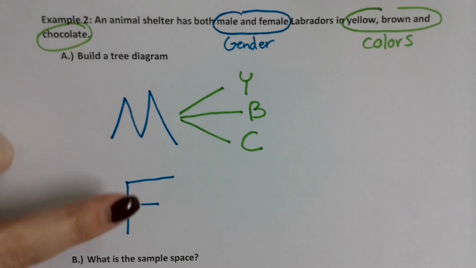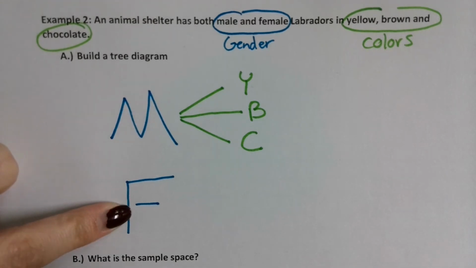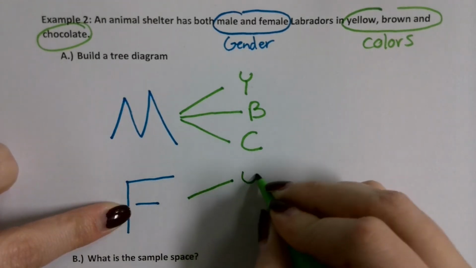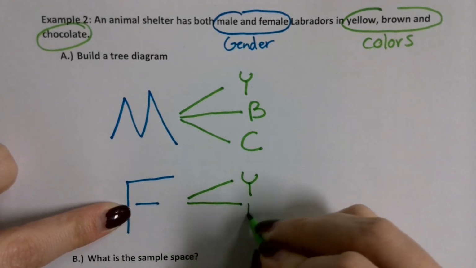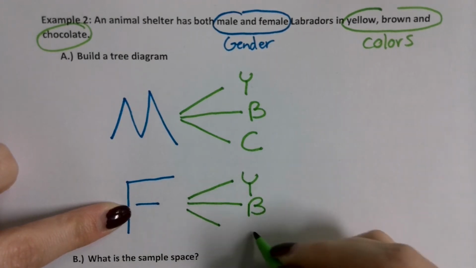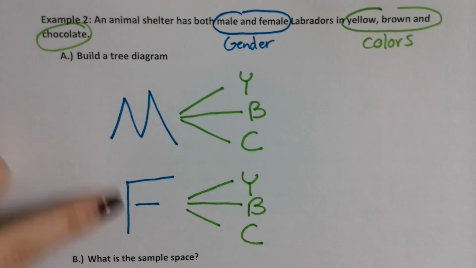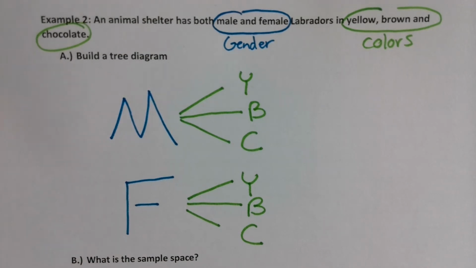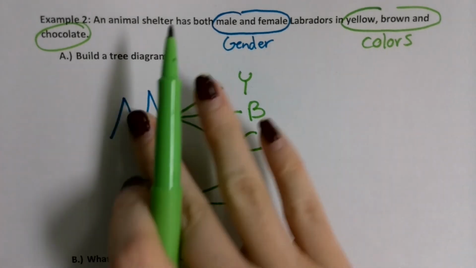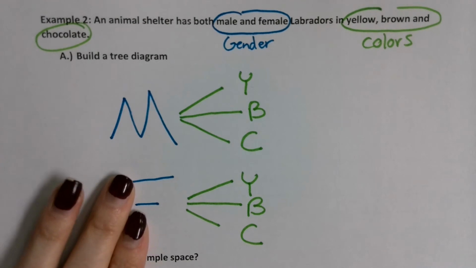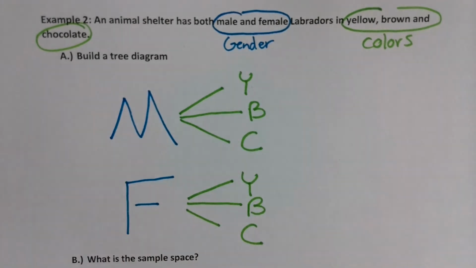You also have female as an option. And female could be yellow. The female could be brown. And the female could be chocolate. Do we have anything else? No. So that's it. We are done. Those represent the tree and then the branches that come off of it. So there's your tree diagram.